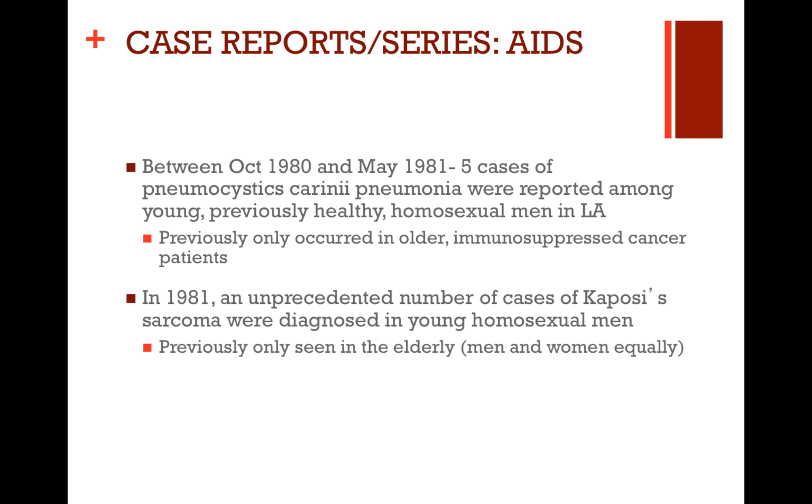It was originally thought to be just amongst homosexual men, and because of the reporting, it began to be recognized that this went beyond young homosexual men into other populations like hemophiliacs, etc., and allowed us to really begin to understand the etiology and transmission of HIV and AIDS.